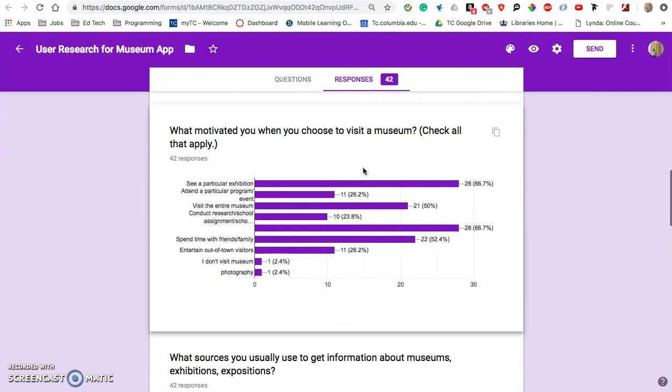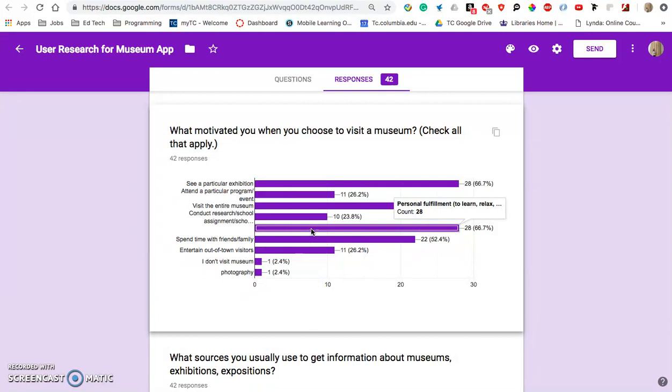More specifically, I would also like to know what motivates my future users when they choose to visit a museum. In this question, people can select more than one answer. A lot of them will go to a museum to see a particular exhibition or just for personal fulfillment, like to learn, relax, or entertain themselves.